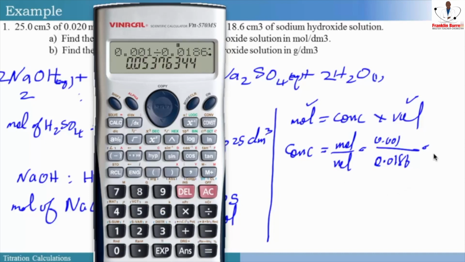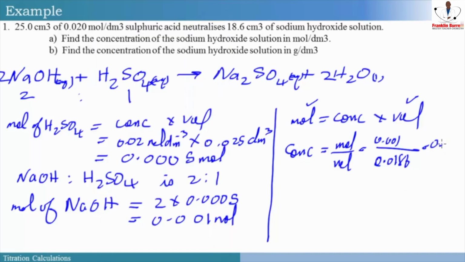That is equal to 0.05 moles per dm cube. I now know that the molar concentration for part A is 0.05 moles per dm cube.